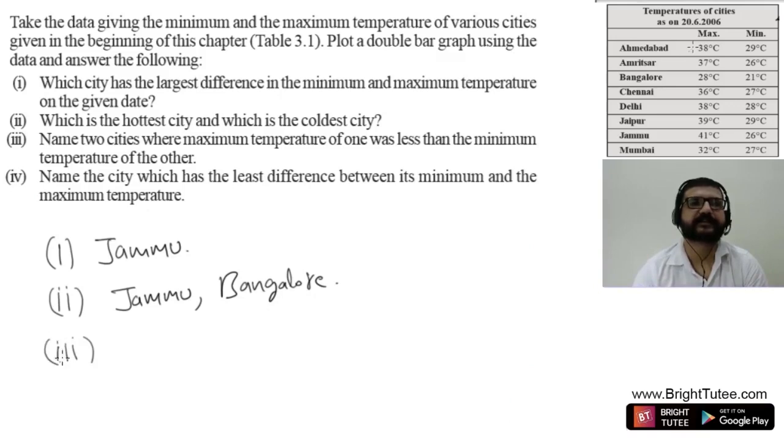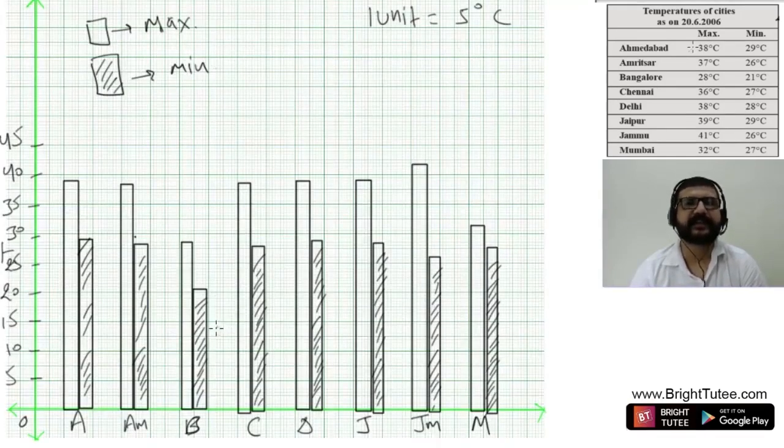Now the third question here is, we have to tell two cities where maximum temperature of one was less than the minimum temperature of the other. Now as we can see here in the graph, the maximum temperature of Bangalore is less than the minimum temperature of the Jaipur. So therefore, one such pair of cities is Bangalore and Jaipur, and the second pair of such cities can be Bangalore and Ahmedabad, as we can see here.